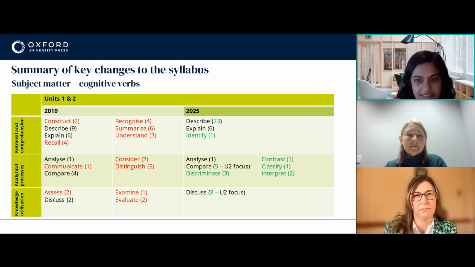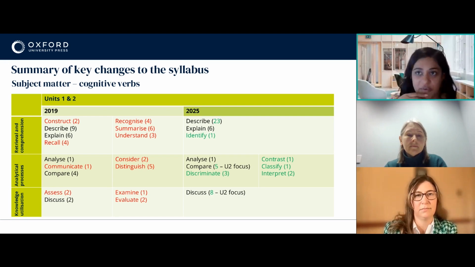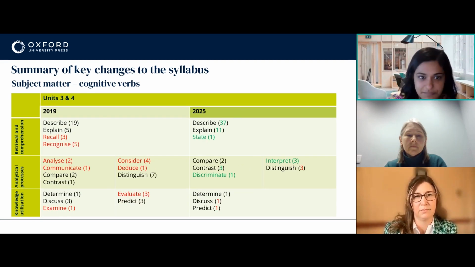So assess is another one that has been removed, which is great, and evaluate. Evaluate questions can't be asked in the external exam, so it's good to see those cognitive verbs being removed from Unit 1 and 2. Even though it's not relevant, evaluate for 1 and 2 have been removed.